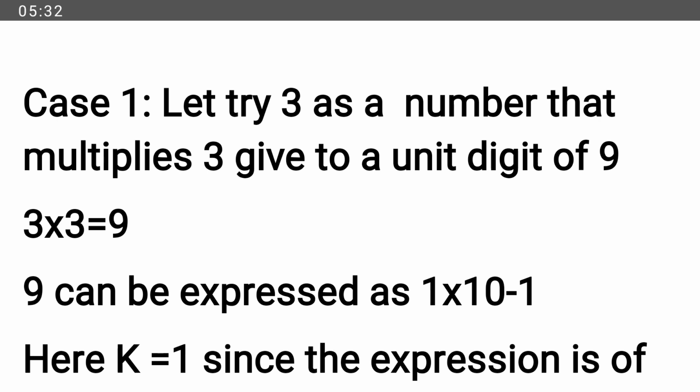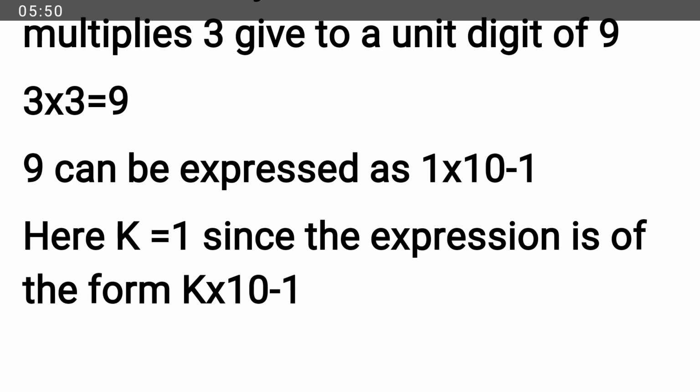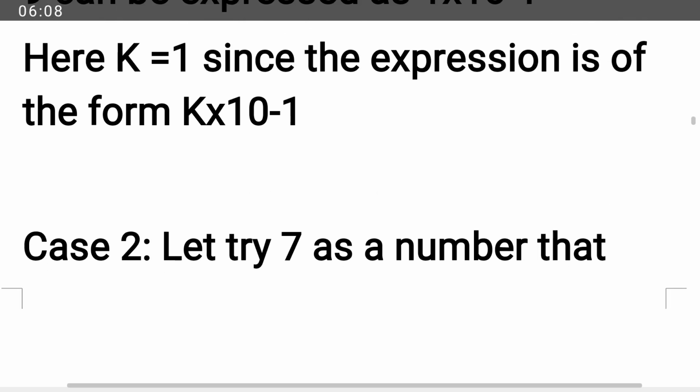Then how do we express 9 in the form of k times 10 minus 1 or k times 10 plus 1? The only way is k times 10 minus 1, and 10 minus 1 gives 9. So 9 can be expressed as 1 times 10 minus 1. Please remember that the 1 here is the seed number, and it is plus 1, because the expression ends with minus 1.